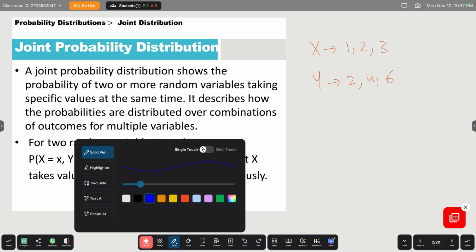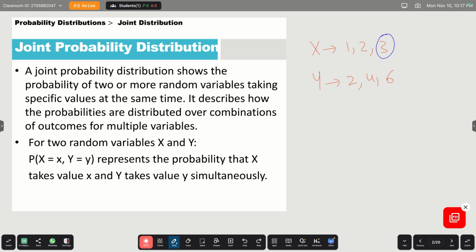If we are interested in the probability that x is taking a particular value, say 3, and y is taking a particular value, say 4, this is called joint probability.